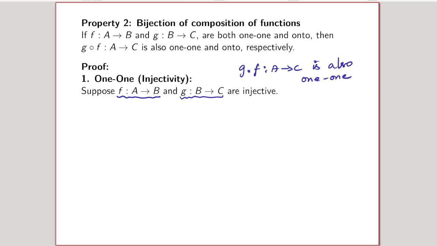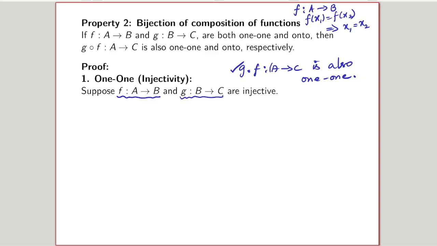We already know that to prove a function f from A to B is 1-1, the condition is whenever f of x1 is equal to f of x2, this should imply x1 equal to x2. That is, distinct elements should have distinct images. So here also we are going to prove this composition map is 1-1.